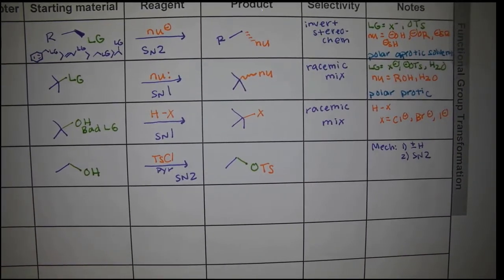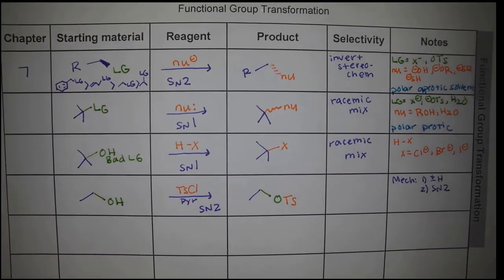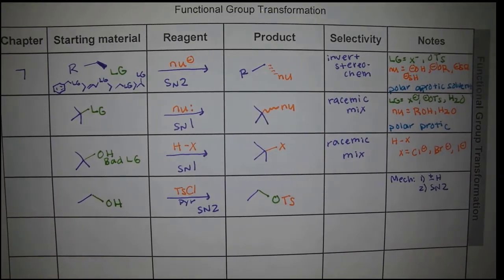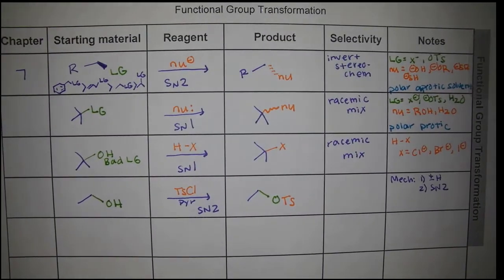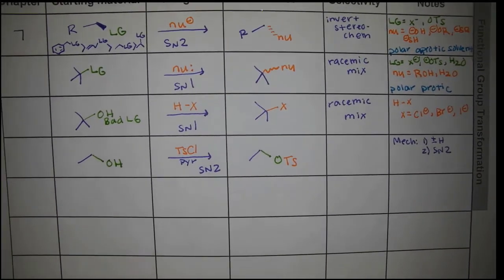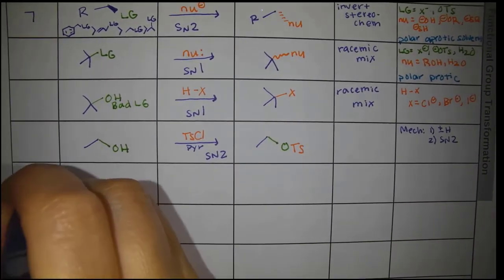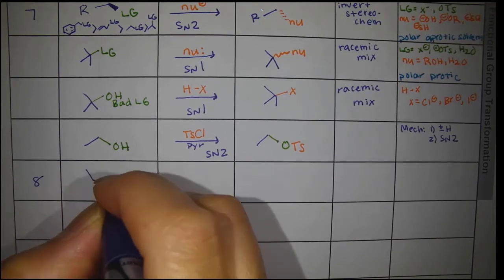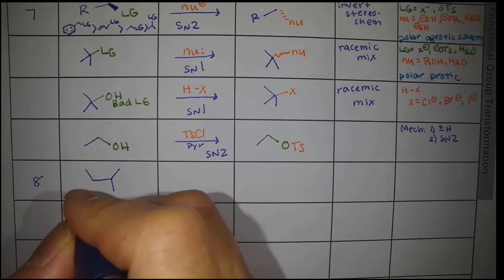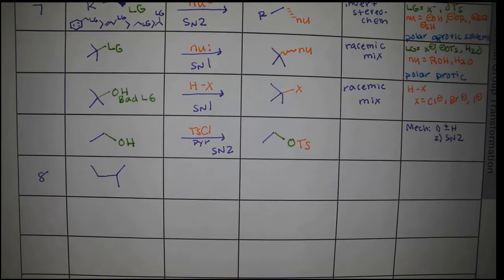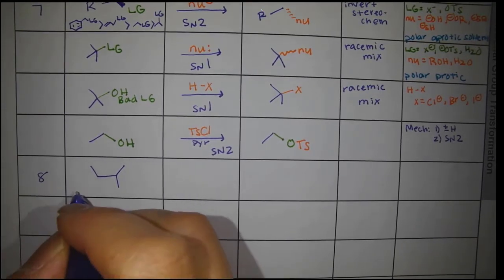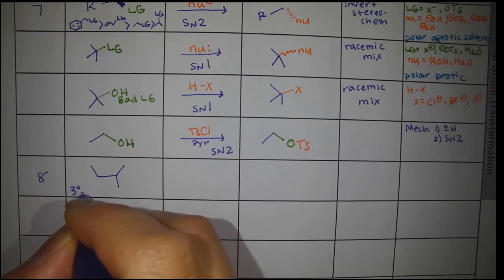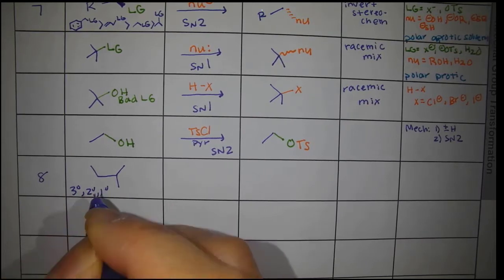So this is still on page 5. We're on the functional group transformation page, and this one is from chapter 8. This can be for alkyl halides that are tertiary, secondary, or primary.